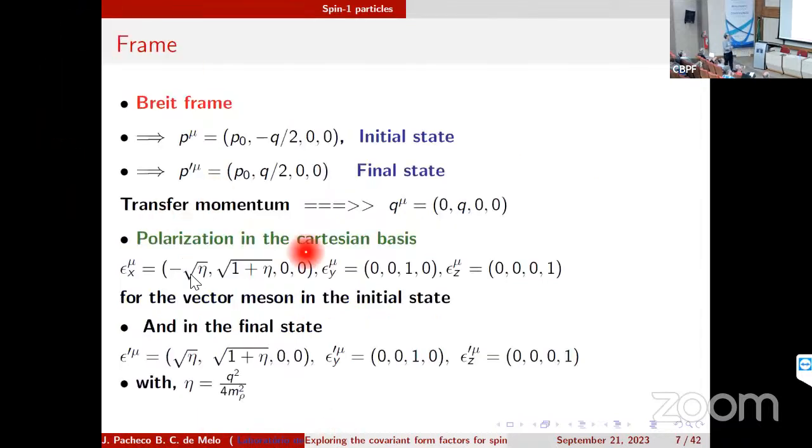Then my kinematics, in the Breit frame: my initial state four-momentum and my final state four-momentum. I have direction only along one axis, and the momentum transfer q mu is only in the x direction, with the other components zero. Then my polarization in the Cartesian basis, with eta equal to the square of the momentum transfer divided by four times the rho meson mass squared. That is the polarization I use to calculate these matrix elements of the current.